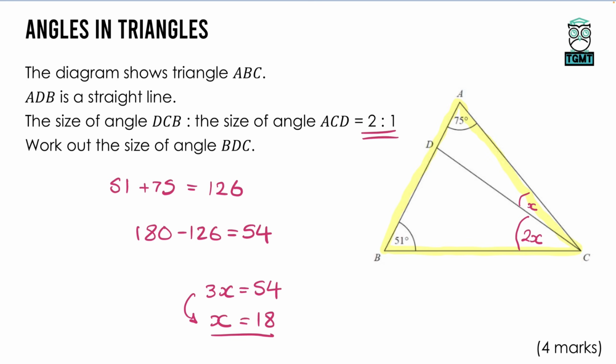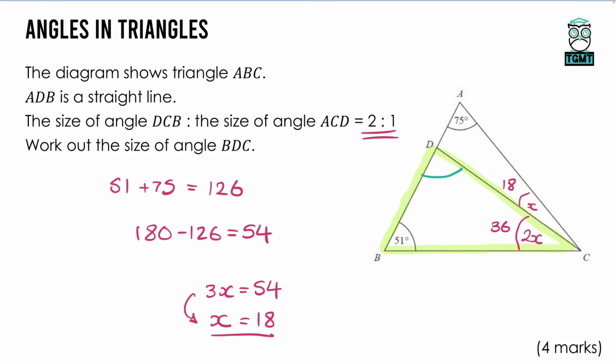So BDC is the angle that we're looking for. Well, this angle here is 18, 2x just below is 36, and now we can actually look for the angle BDC. So BDC is within this secondary smaller triangle down below, and BDC is the angle in the top there.